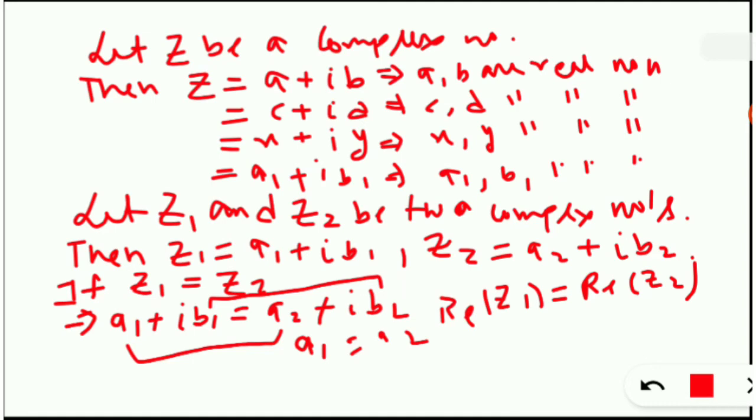Again imaginary part, that means ib1 equals ib2, so implies b1 equals b2, or Im z1 equals Im z2. Clear? So if two complex numbers are equal, then real part equals real part and imaginary part equals imaginary part.